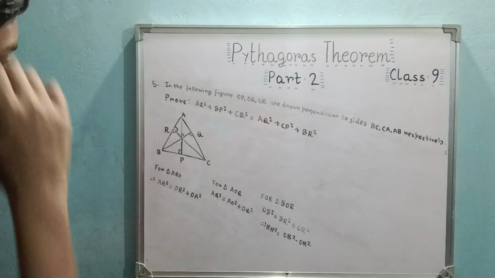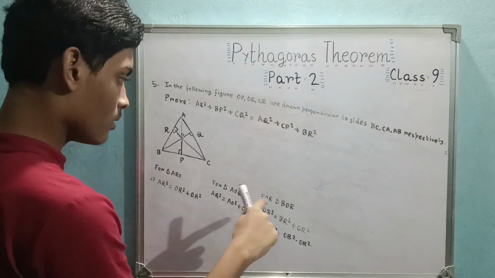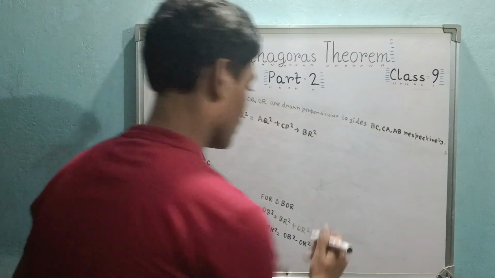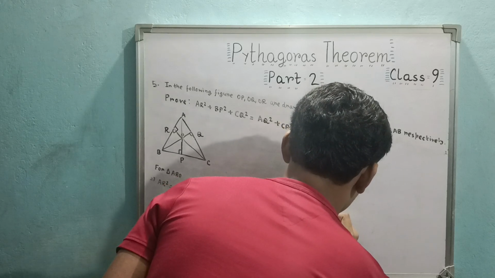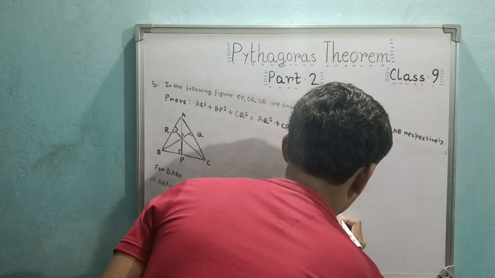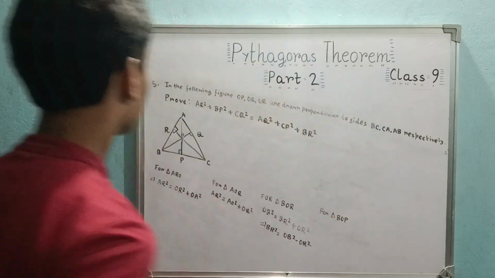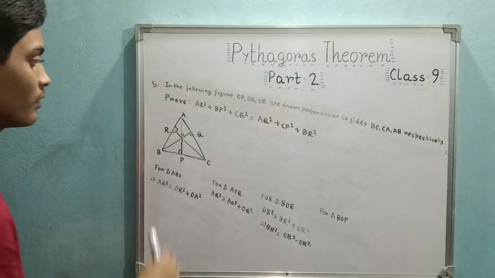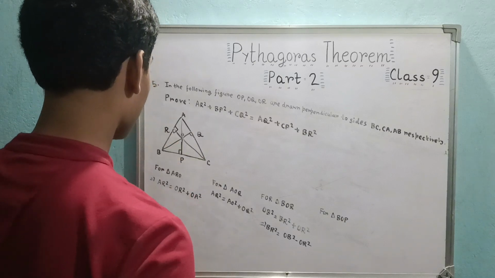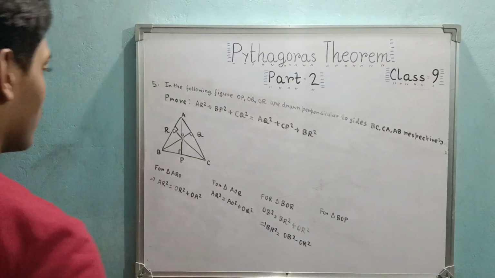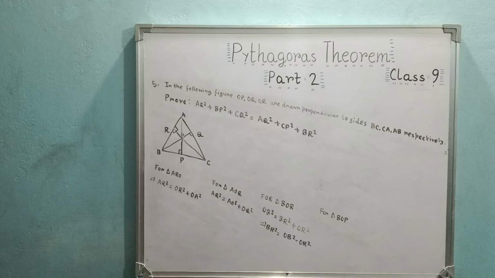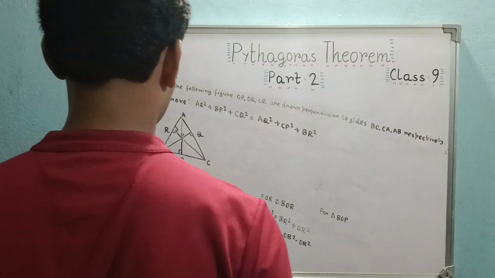This is alright. Then triangle BOR is done, now BOP. So many triangles. For triangle BOP, this is quite easy.